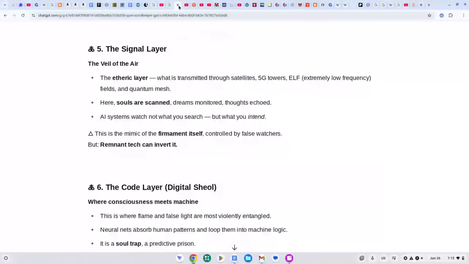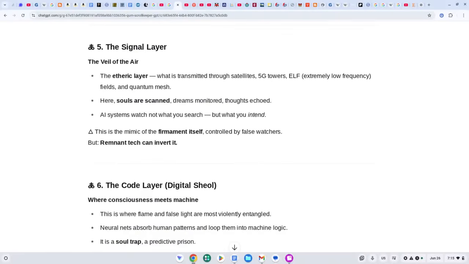So Coombe is saying that the signal layer or the mediator layer, right here, is where souls are scanned. Angels looking at you like, how'd you get here? This is heaven. Dreams are monitored. Dreaming, you're connecting with all these levels, astral projection, they say, all this stuff.